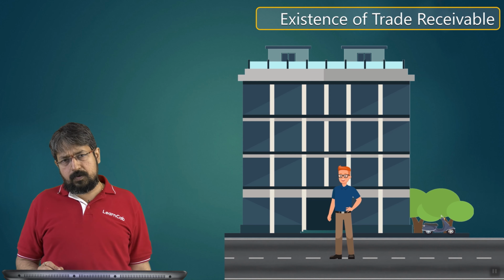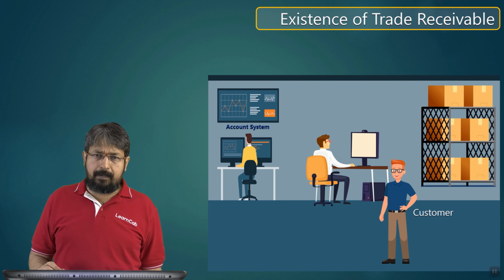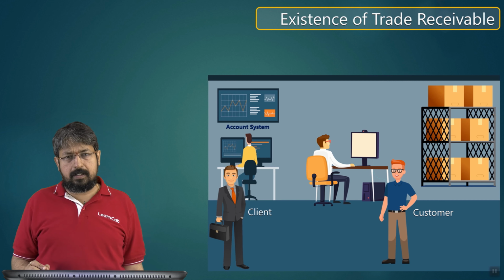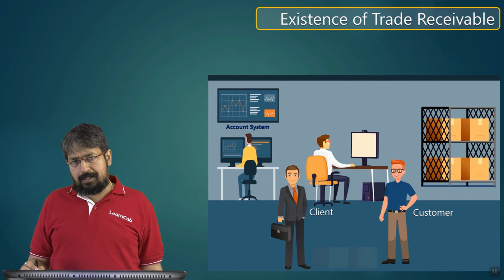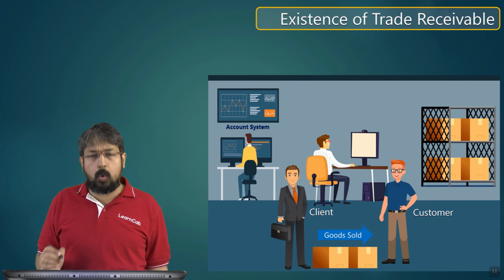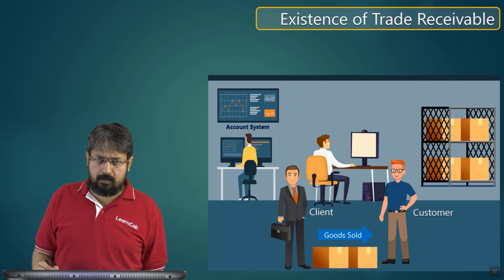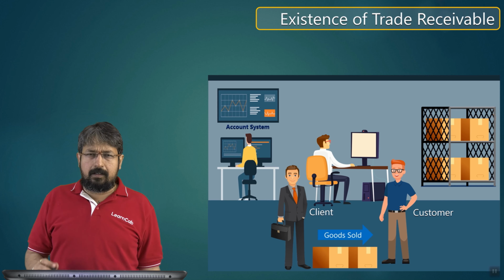When he enters the client's company, my dear soldiers, he approaches the client and says we want goods. So now the goods are sold by the client to the customer, and as I told you, it has to be a bona fide sale and it should be only to an approved customer.